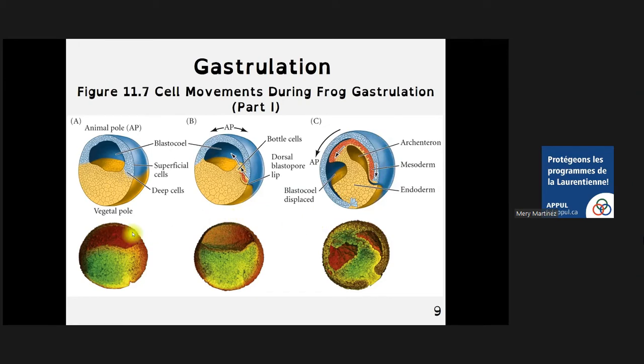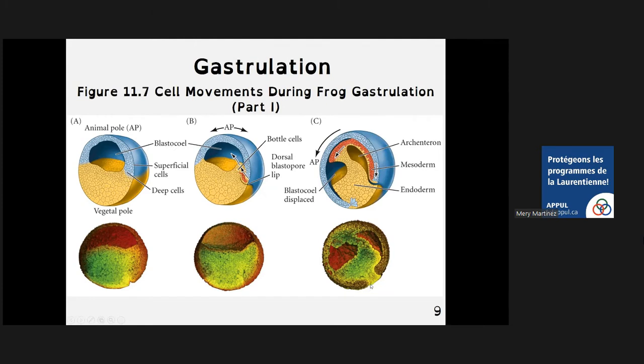So if we look now at a cross-section slide, we see here the blastocele, okay, and that gets displaced, and now this is the archenteron or gastrocele. At the end, we see here what we call the plug, okay?